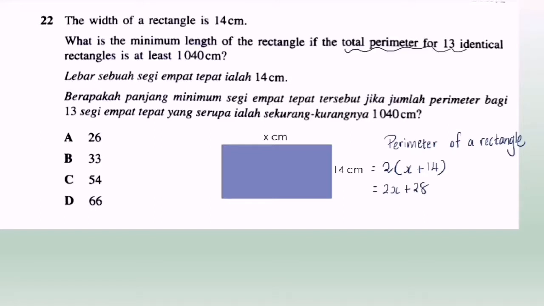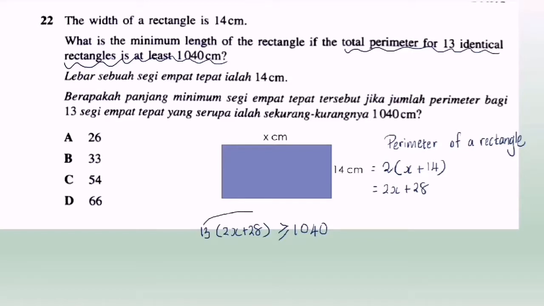Given total perimeter of 13 identical rectangles is at least 1040 cm. So 13 times 2s plus 28 is greater or equals 1040 cm.